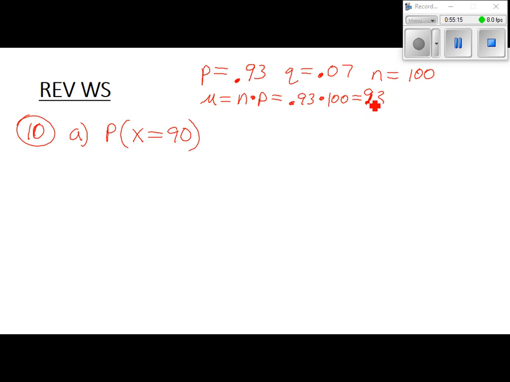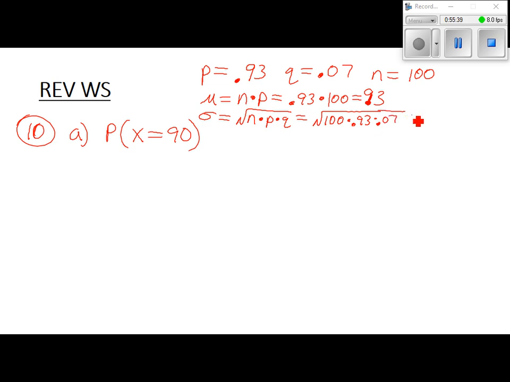And then we also have to find our sigma, our standard deviation, which is the square root of N times P times Q. So that's 100 times 0.93 times 0.07.